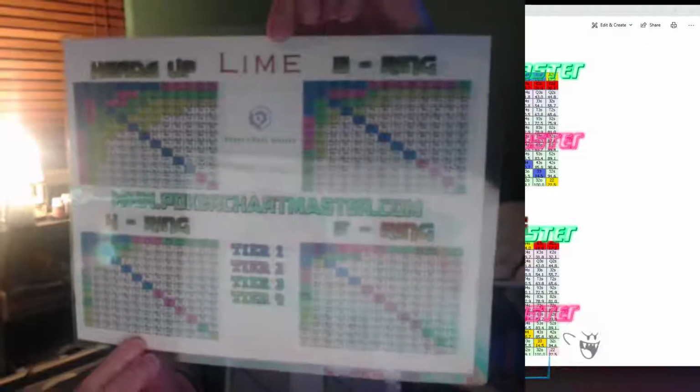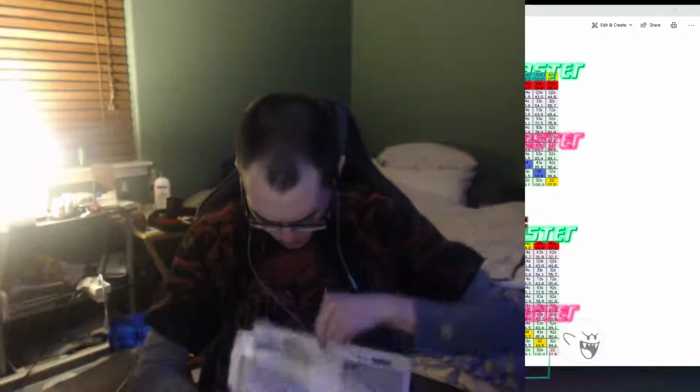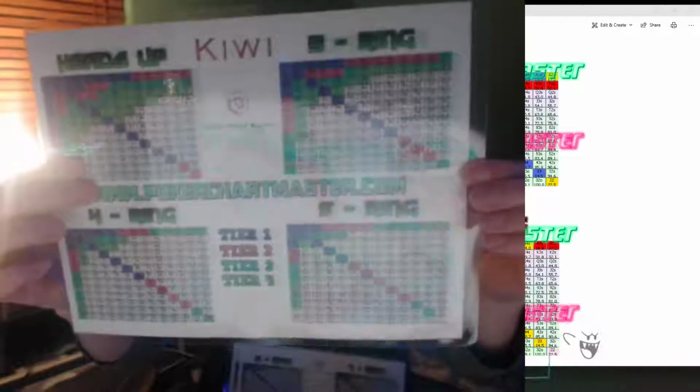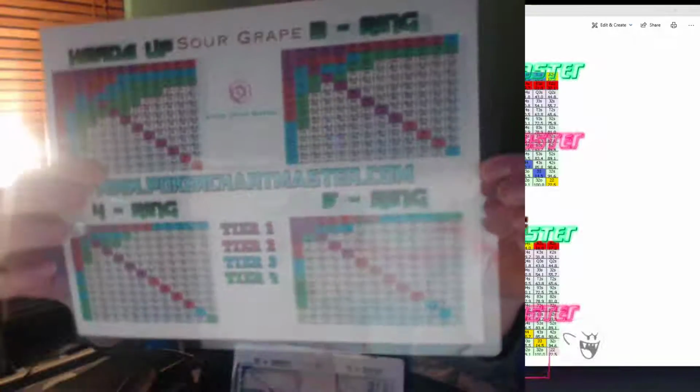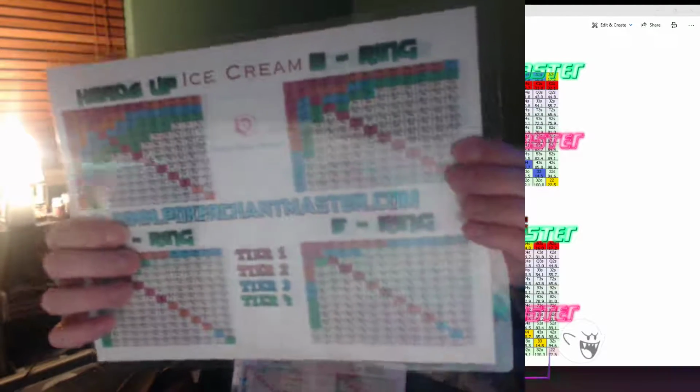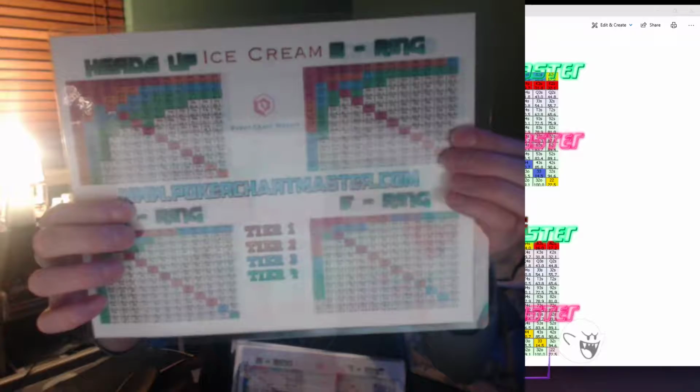You have lime. You have kiwi. You have sour grape. You have ice cream. This is one of my favorites.